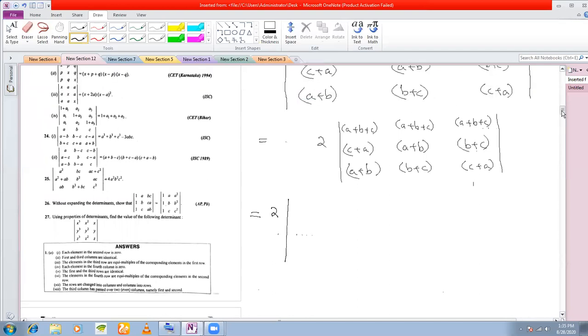The first row I keep as it is. I am not making any changes to the first row.